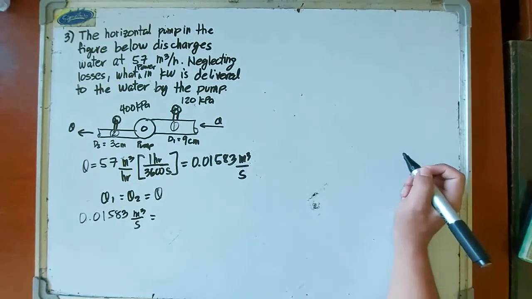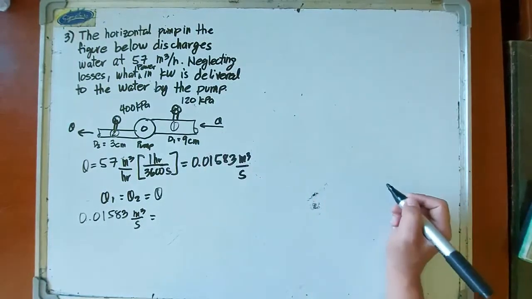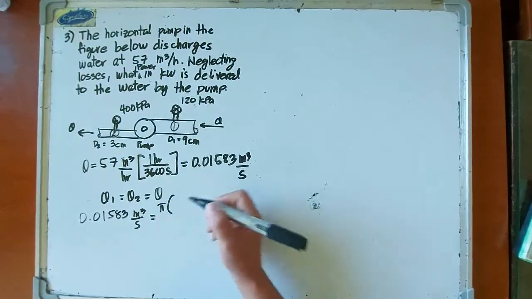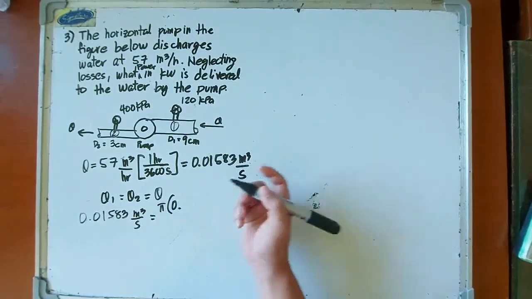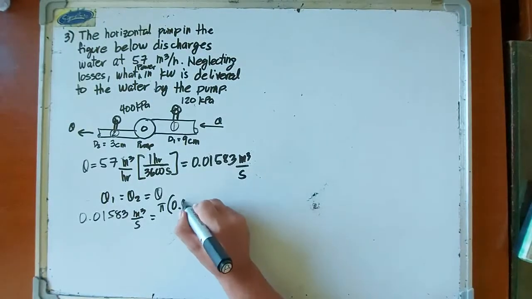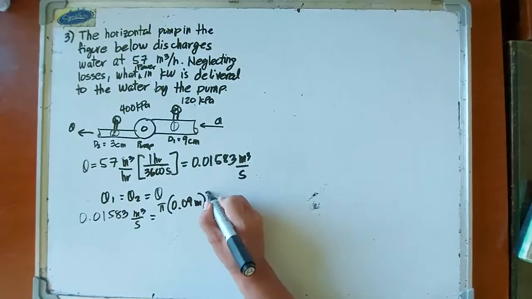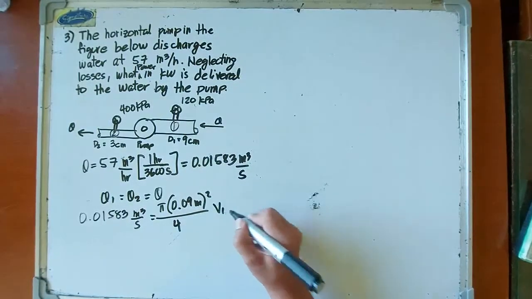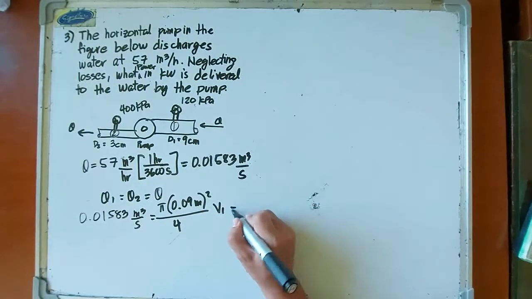The cross-sectional area at pipe 1 given the diameter at pipe 1, it's equivalent to, so pi times, convert natin yung 9 centimeters to meter. So we have 0.09 meters squared all over 4 times velocity 1, yan known.